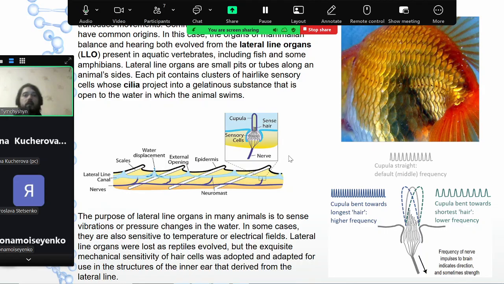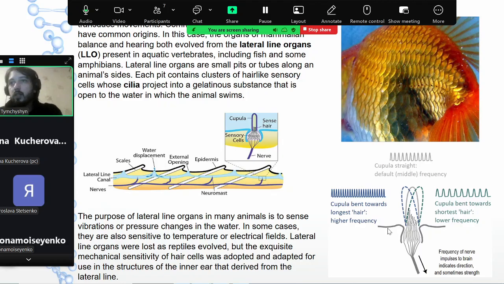The purpose of the lateral line organs in many animals is to sense vibrations or pressure changes in the water. In some cases, they are also sensitive to temperature or electric fields. You may have heard more about the electric fields, but the primary purpose was sensing the vibrations of the water.